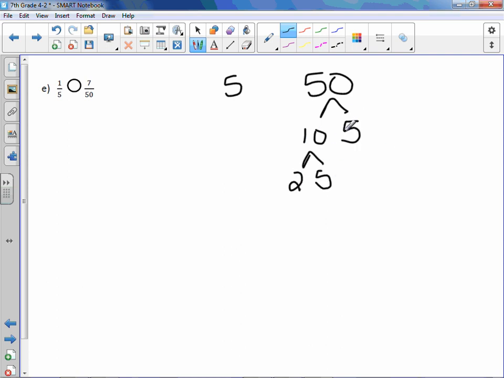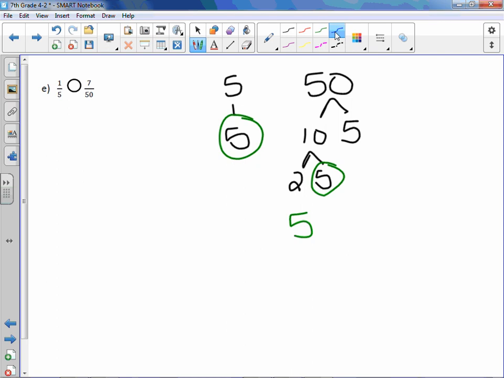So 50 is 10 times 5. 5 is a prime number, but 10 is 2 times 5, which are both prime numbers. And over here, 5 is just 5. When we circle what's in common, 5 would be the greatest common factor.